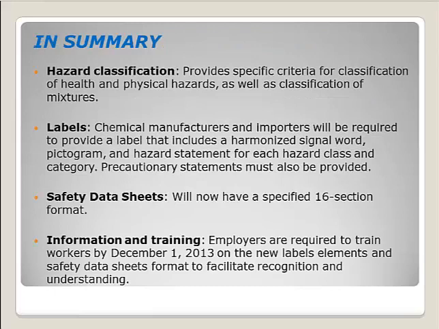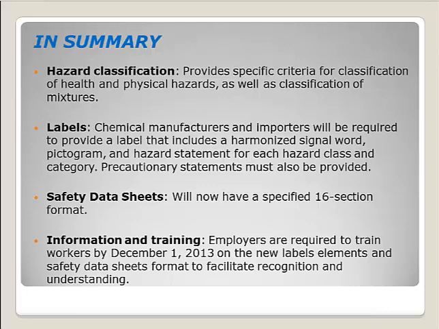In summary, again, what you need to know as a user: hazard classification provides specific criteria for classification of health and physical hazards, as well as classification of mixtures. Labels have been a big change. We talked a lot about those, but chemical manufacturers and importers will be required to provide a label that includes a harmonized signal word, which we talked about, the warning words.